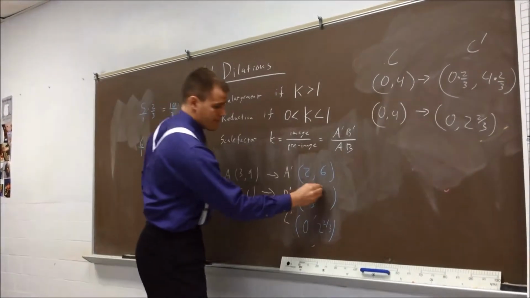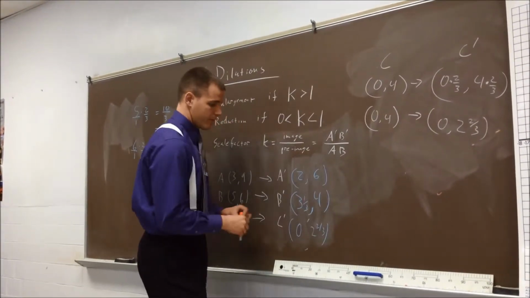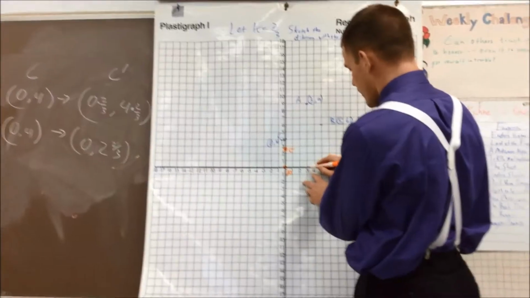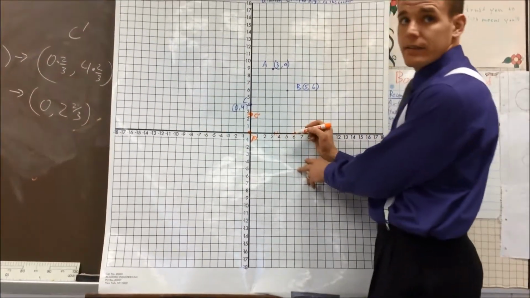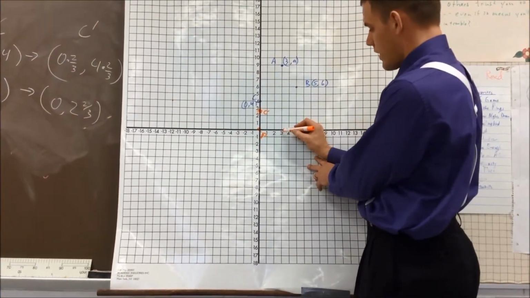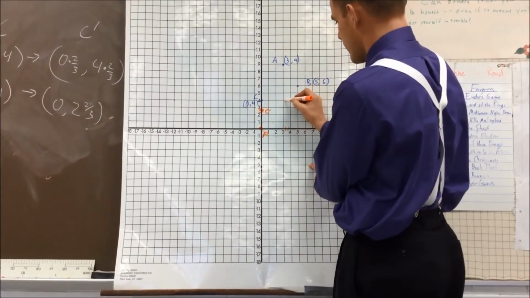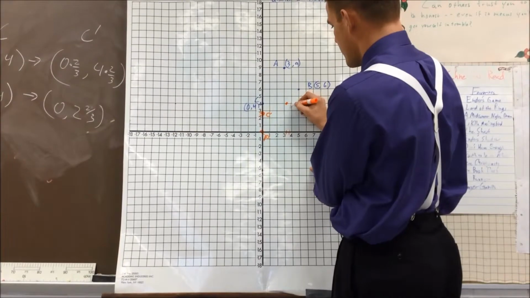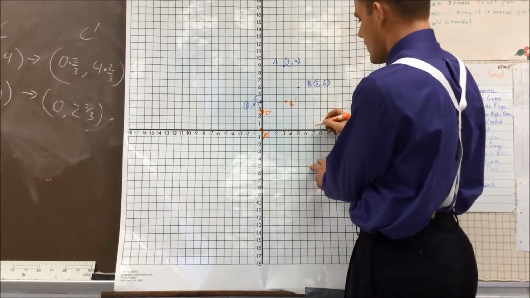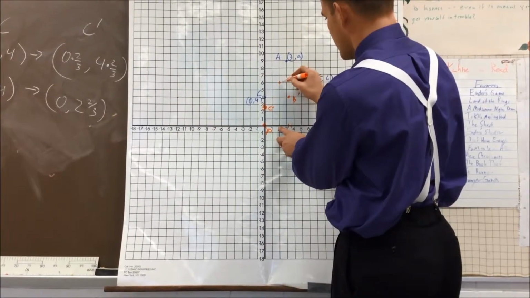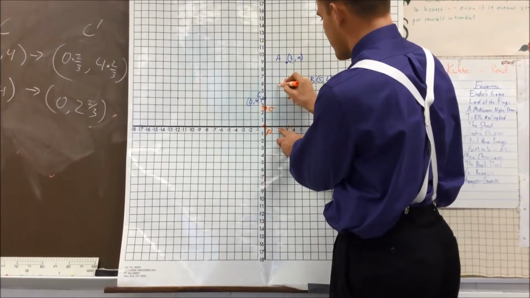Yep, 4. So we're going to have 3 1/3. Well, I can divide that up into 3's, can't I? And so 3 1/3, and then 4. 1, 2, 3, 4, right there. That's my B prime. And then I got 2 comma 6. That's my A prime.